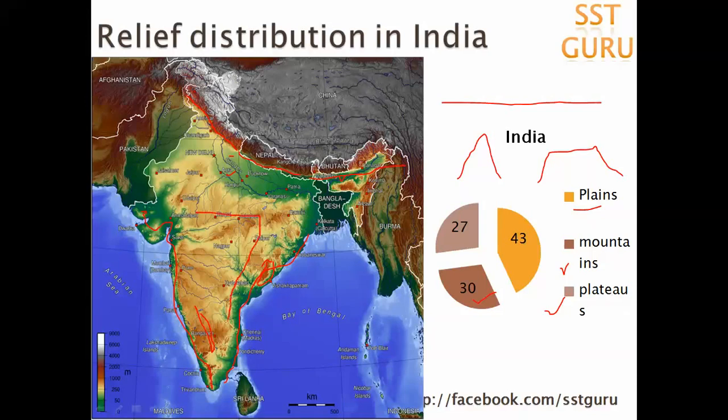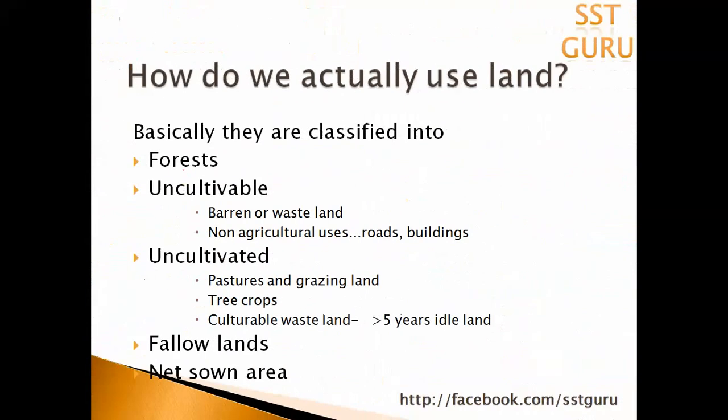This is the Deccan Plateau, a raised platform of plain where you have good agriculture going on. It constitutes about 27%. Though you may not need to remember these numbers exactly, you may need to remember what the distribution is.